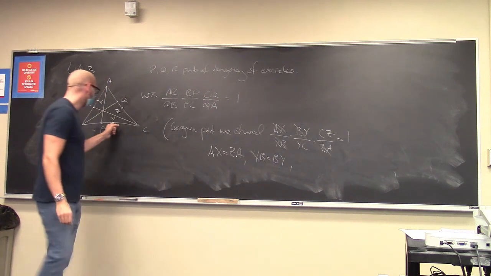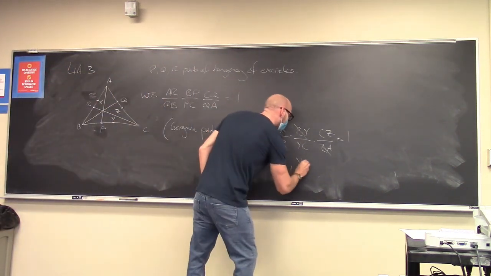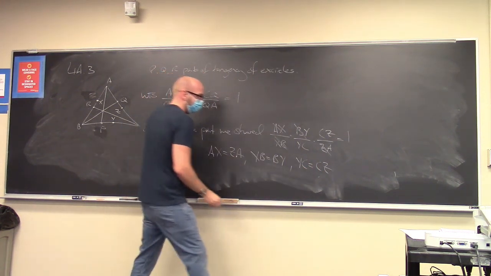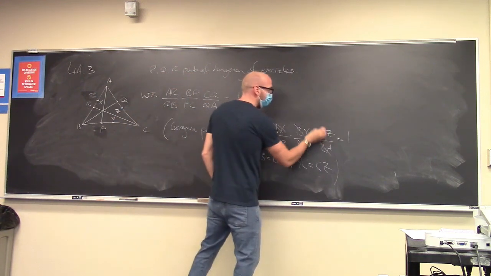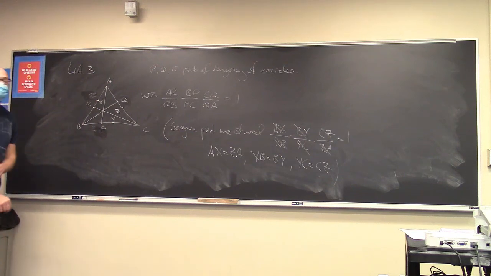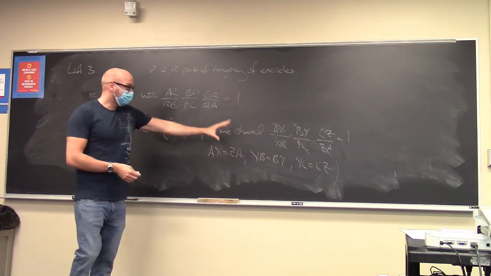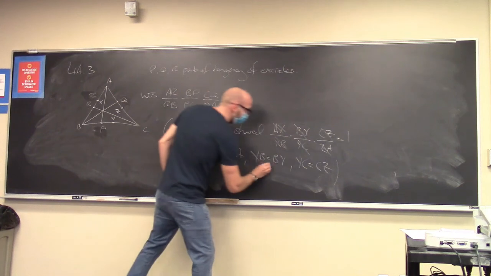And I know YC must equal CZ. So those guys cancel. And therefore we had that the Cevian product was equal to 1. Does that ring a bell? Do you remember doing this? Okay, so proving the Gergonne point existed was super easy because we just had to use these facts.